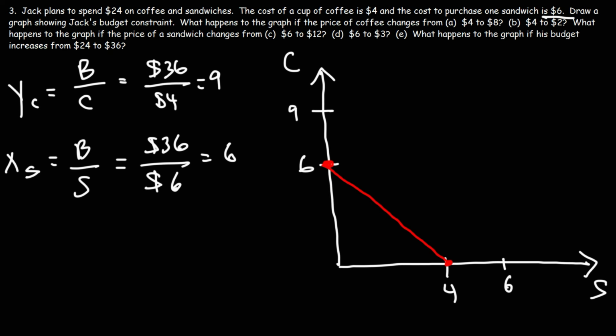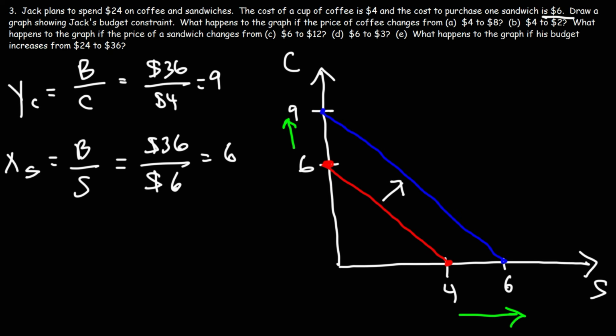So notice that the y-intercept increased from 6 to 9, and the x-intercept increased from 4 to 6. So by increasing the budget, both the x and the y-intercepts increase. So there's no rotation with this graph. The net effect is that the budget curve extends outward when the budget increases.